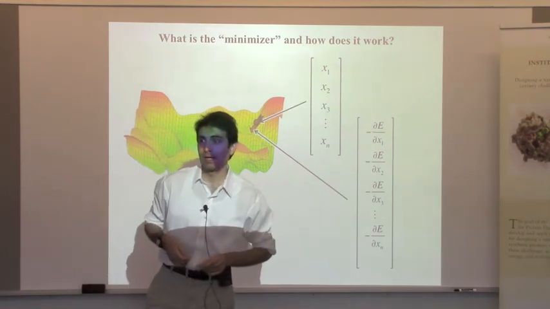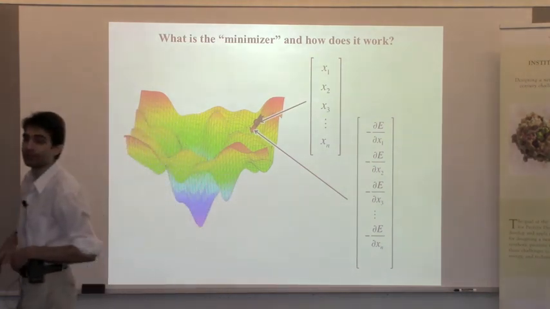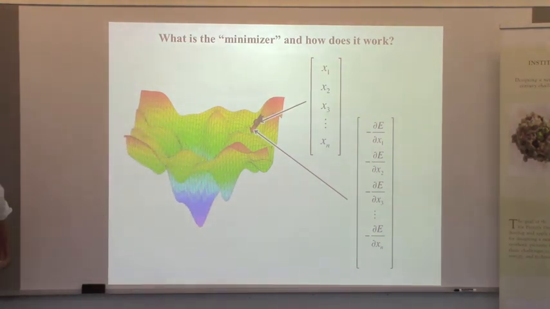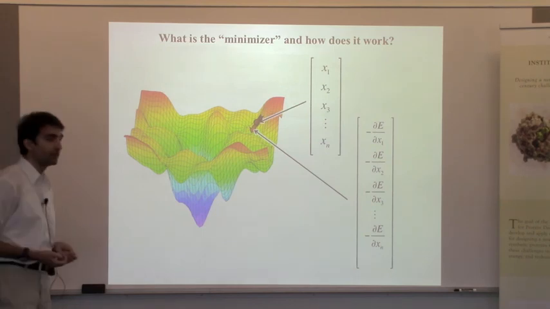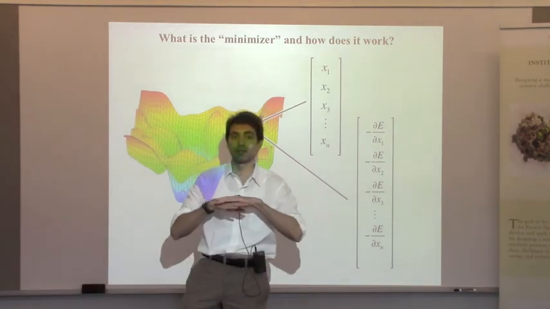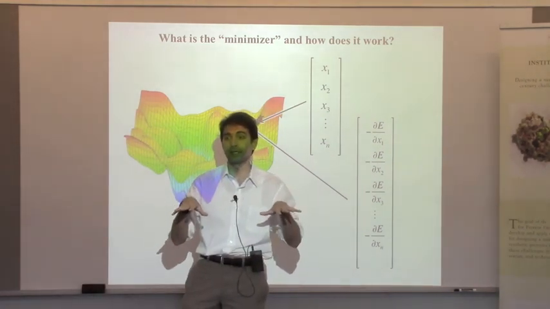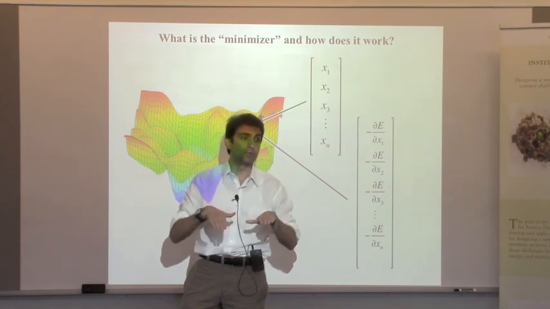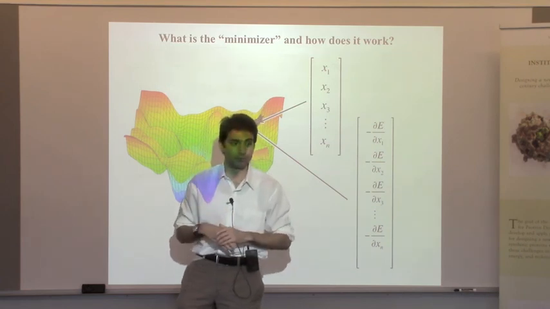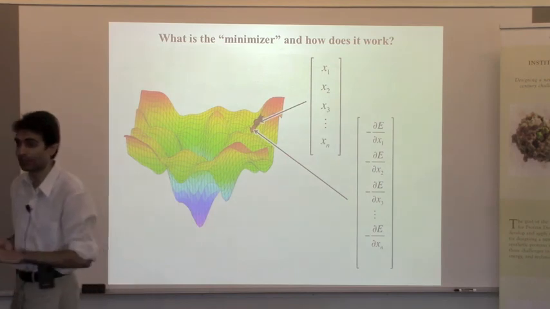And that's where we consider how flat the energy function is. The minimizer has parameters that you can set, including a threshold value that determines how flat the gradient has to be before you stop searching, before you say, okay, I'm going to accept this as my local minimum.